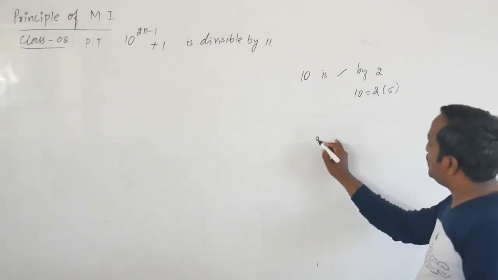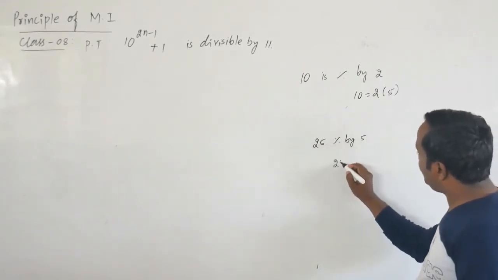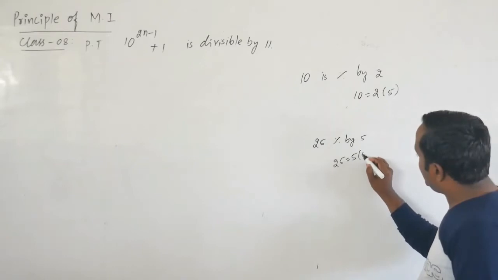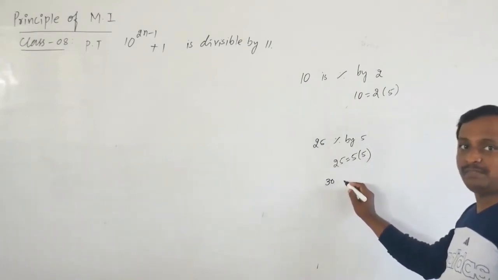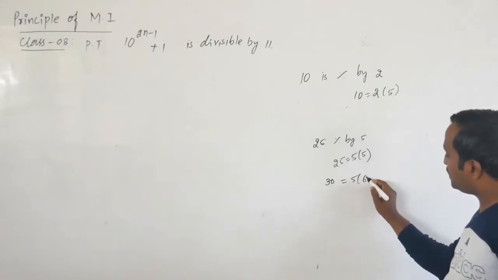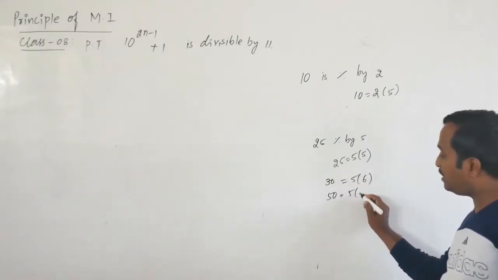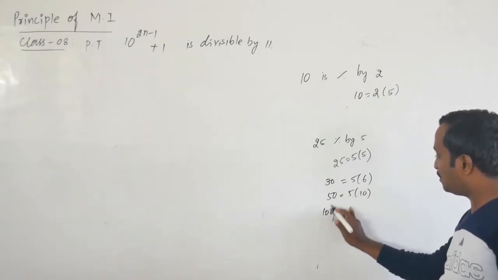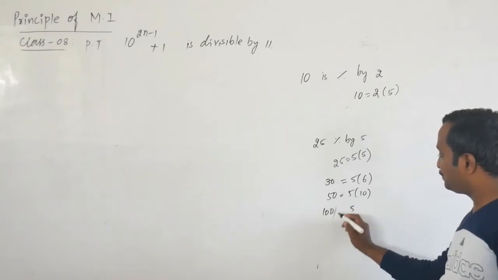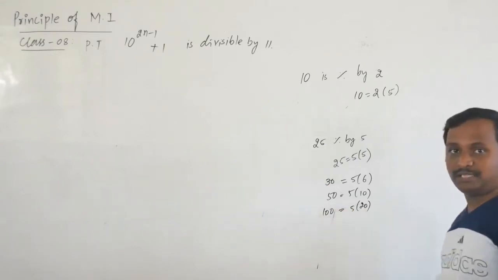If I say 25 is divisible by 5, yes, because 25 can be written as 5 into 5. 30 is divisible by 5, can be written as 5 into 6. You can write 50 as 5 into 10. 100 is 5 into 20.